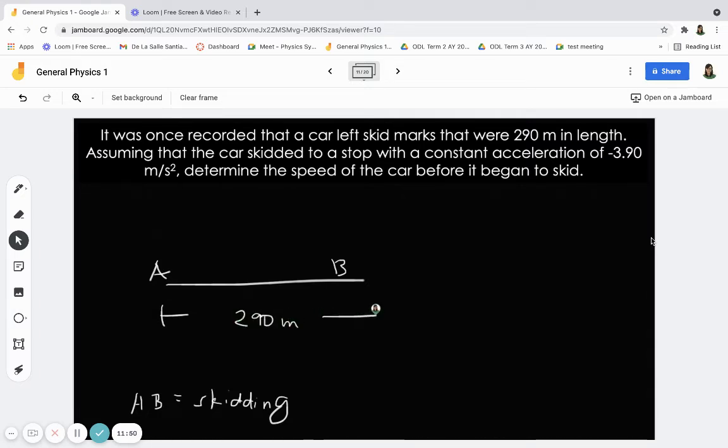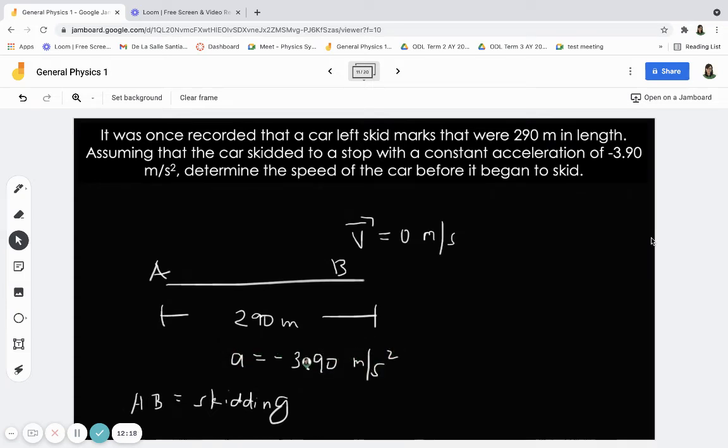Now take note that the car comes to a stop, right? Because that's the ending point of skidding. So our final velocity should be set as 0 meters per second because it stops at that particular point. And then it's given in the problem that the acceleration of the car is negative 3.90 meters per second squared.